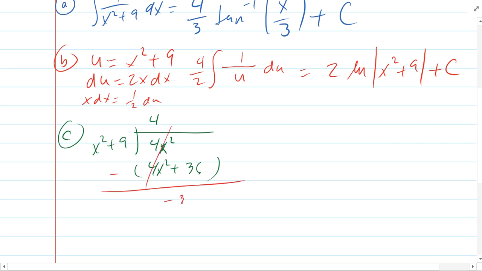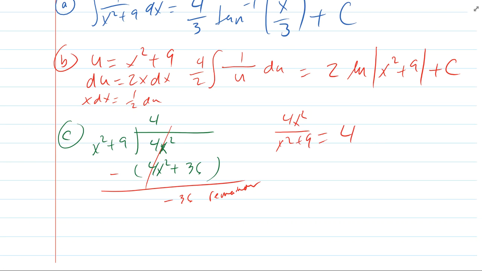I'm going to get a negative 36. That means this is the remainder. So 4x squared over x squared plus 9 is going to equal 4, well, hang on, minus, because it's negative, 4 minus the remainder, which is 36, over what you were dividing by.